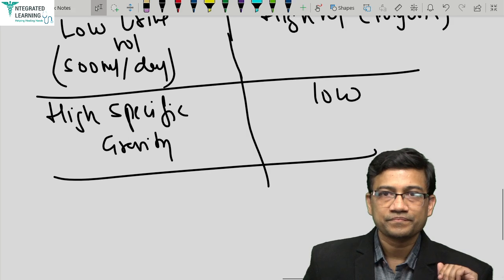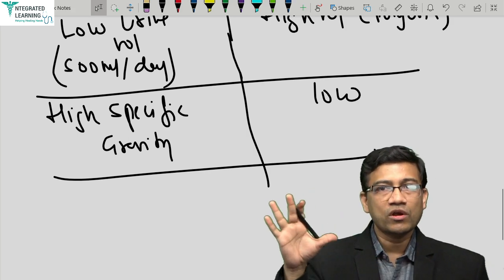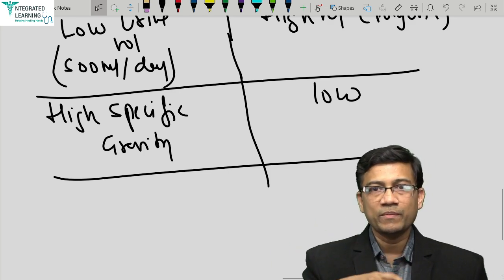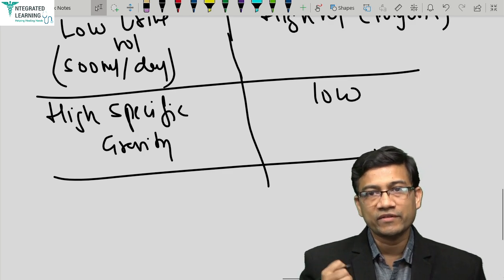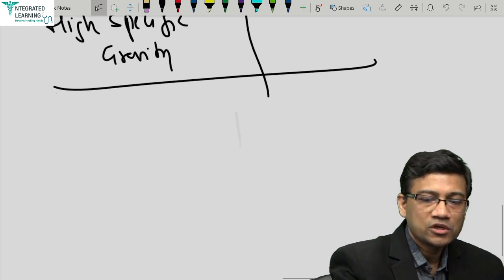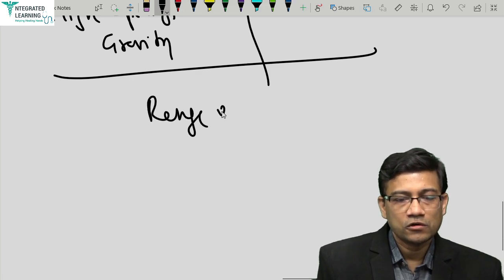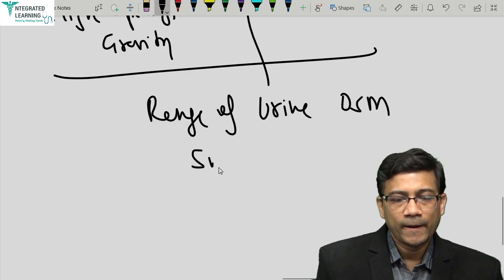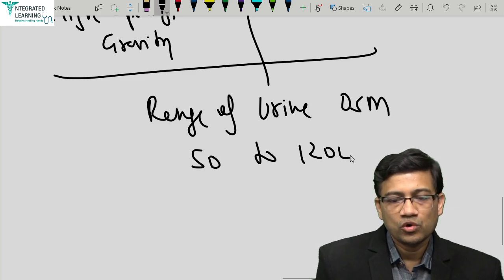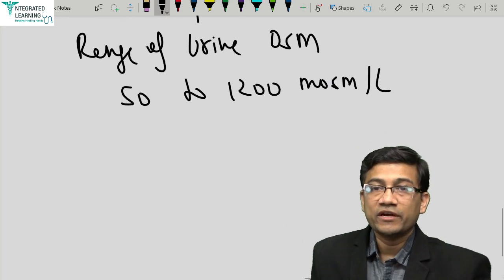Okay. So in simple language, what is happening? Medulla is always hyper, but whether the urine will become concentrated or not depends on ADH. If it is available, you will concentrate, save the water. If not, lose the water. So write a statement, simple. Range of urine osmolality is 50 to 1200 milliosmol per liter, and what does it depend on?